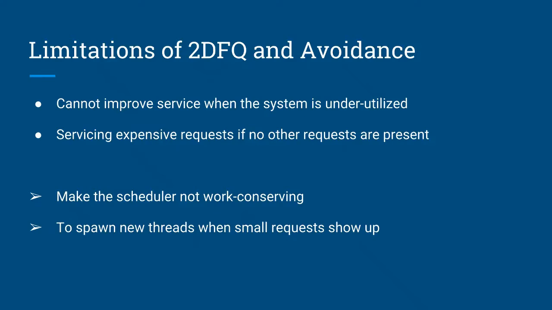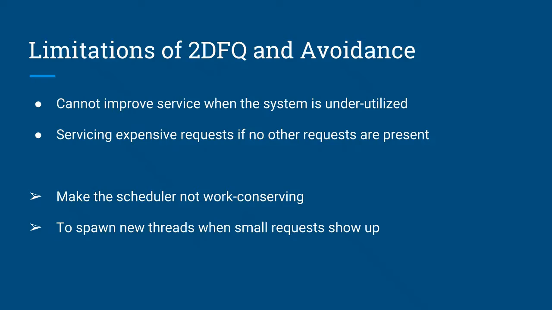And now moving on to the limitations we have in 2DFQ. While 2DFQ tries to improve the quality of service when the system is backlogged, work conserving schedulers in general cannot improve the service when the system is underutilized.